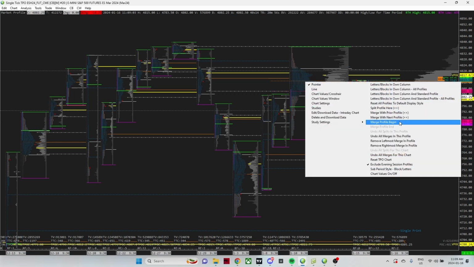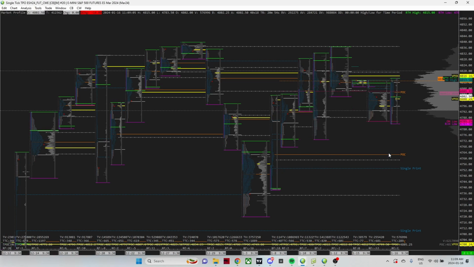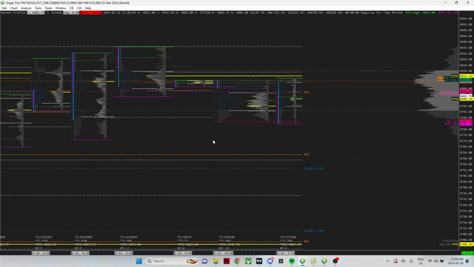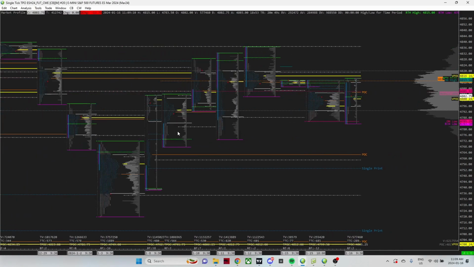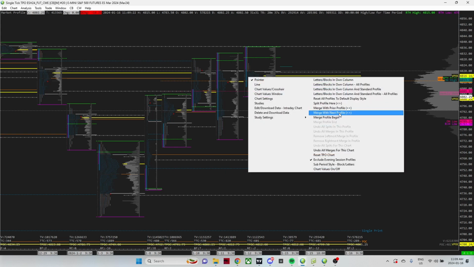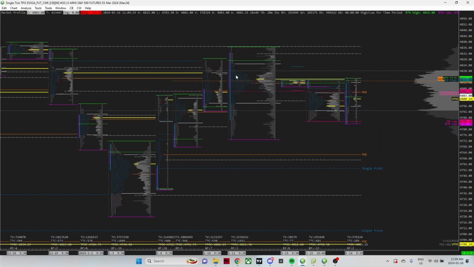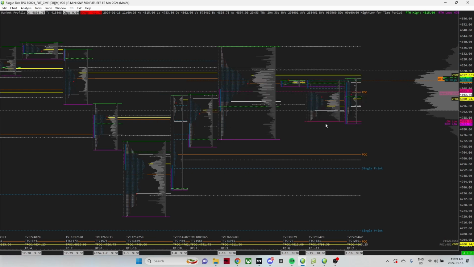I squished all of them together and made this profile. Let me take this and I will go unmerge all. Okay, unmerge all. Now you guys can see. This was a range here, range. I took these three profiles, 1, 2, 3, and all I did was merge with prior profile.